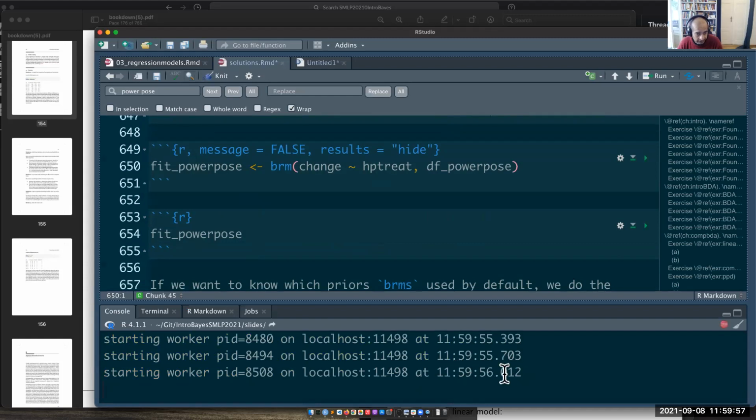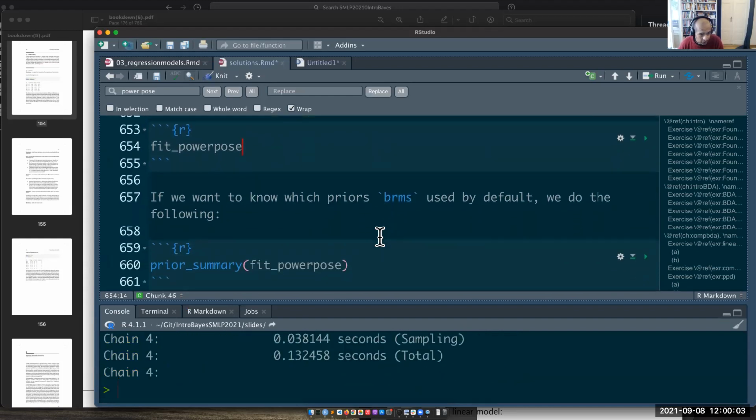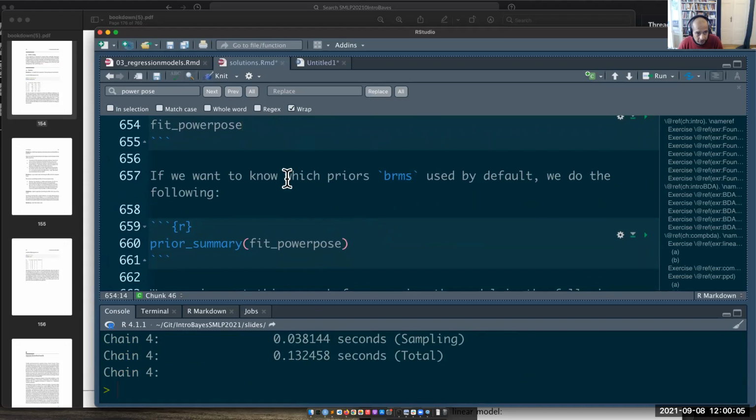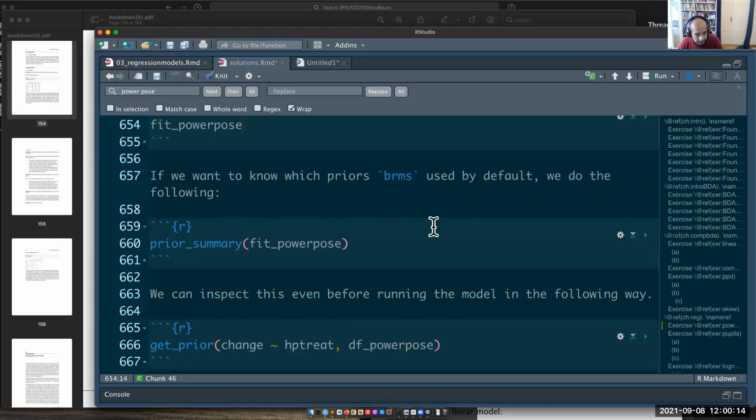This is not a very good way to proceed. But anyway, let's just do it. Once the model is fit, you see that there are no warnings. That means the model actually converged.